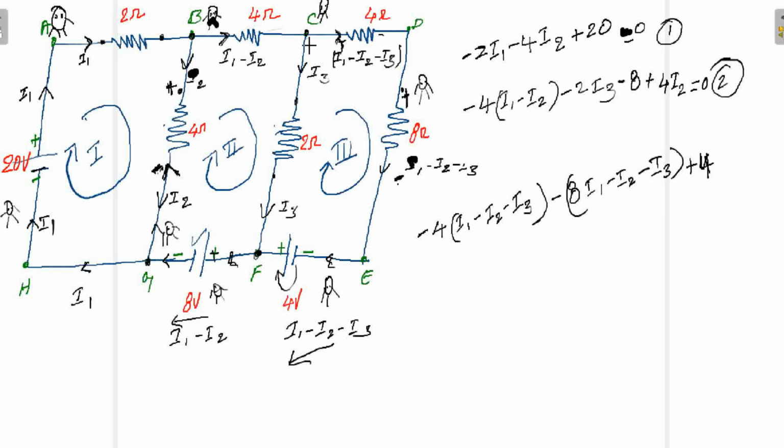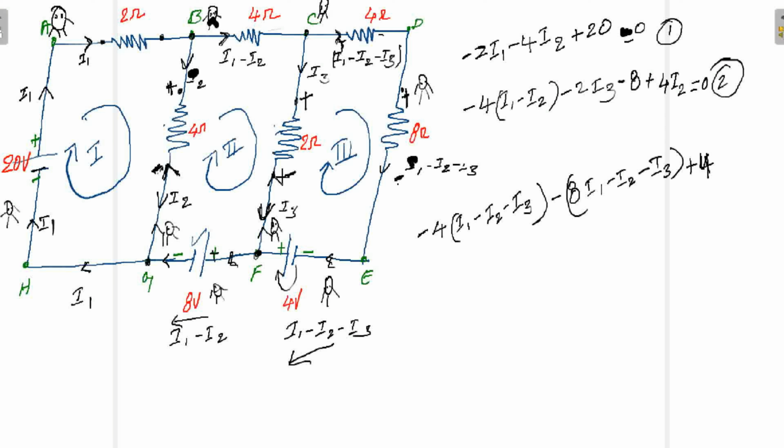Next, you have started from C, you have moved to D, then you have moved to E, then you have moved to F. Initially the current is from positive to negative. Now you are here. The current direction I3 is opposite to your direction, and you are moving like this.